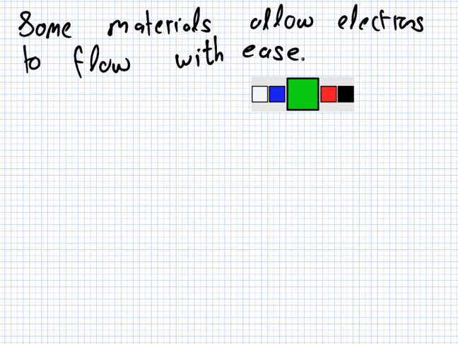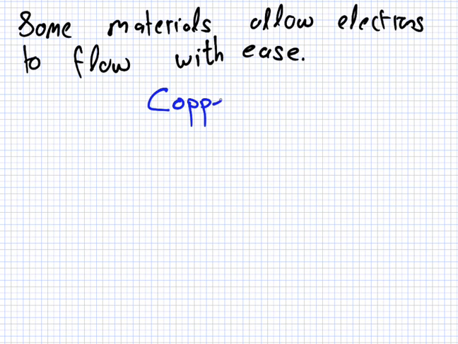What type of materials? Like, give us an example. Think of something a bit cheaper maybe. Copper? If we think about wires, yeah. Well, we'll just go with copper for the moment because that's what is mostly used in wires.